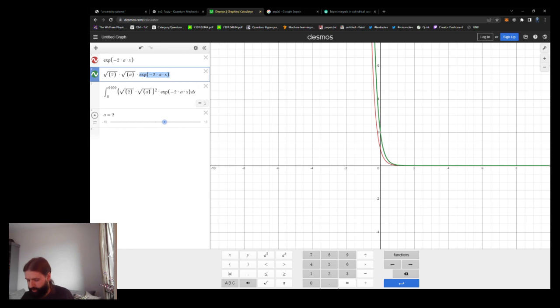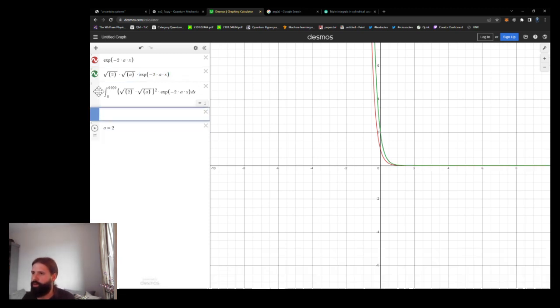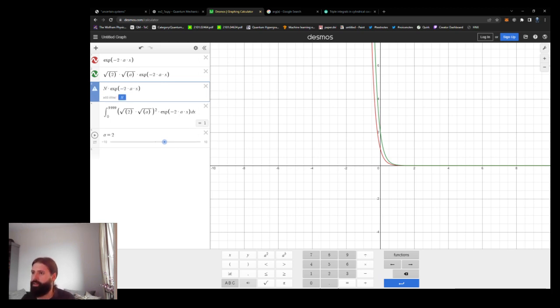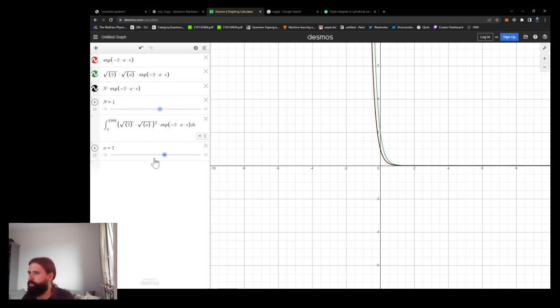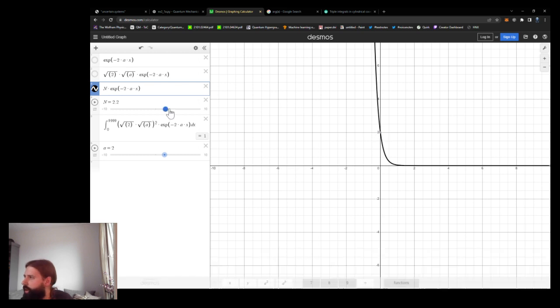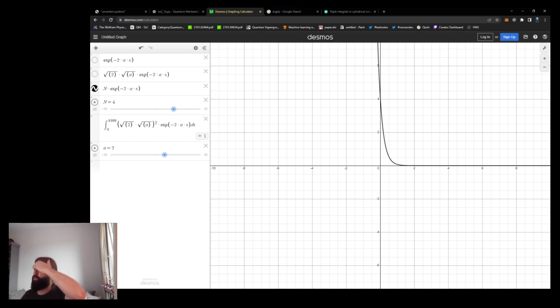If I take these and add another function that is n times these, and then add a slider for n, and hide these two. No, sorry, we'll leave a at 2. This is really what makes the difference: the cross point here is n. So the z boundary is going to be n.